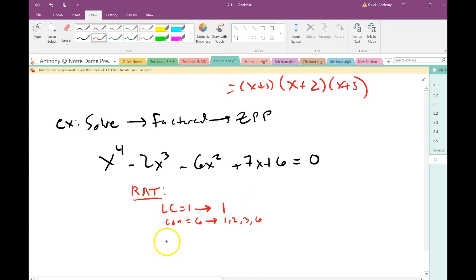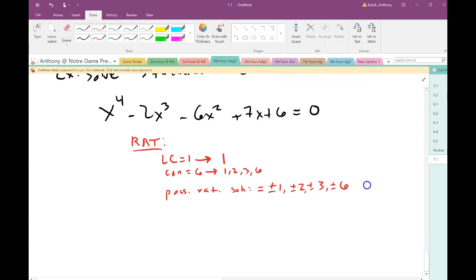So my possible rational solutions are plus or minus 1 over 1, plus or minus 2 over 1, plus or minus 3 over 1, and plus or minus 6 over 1.